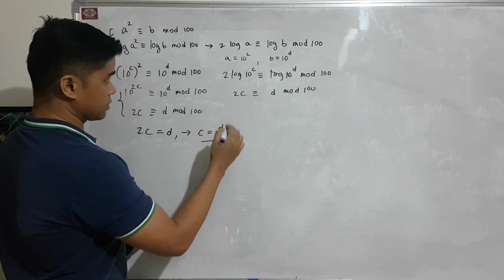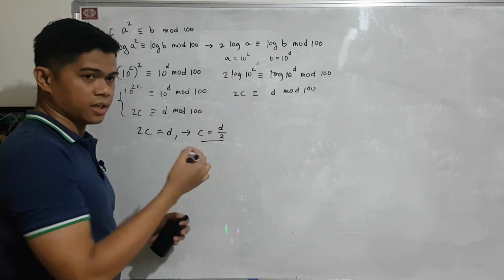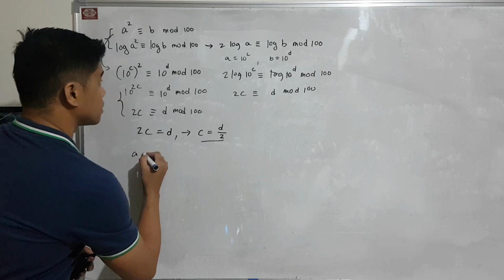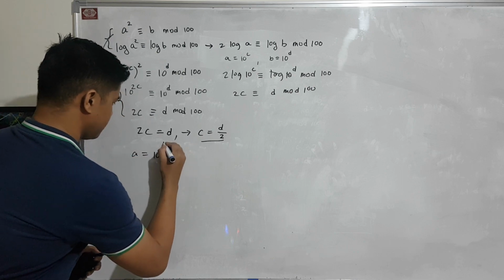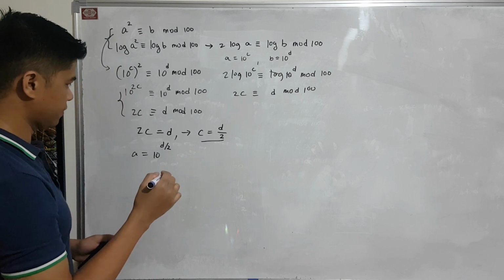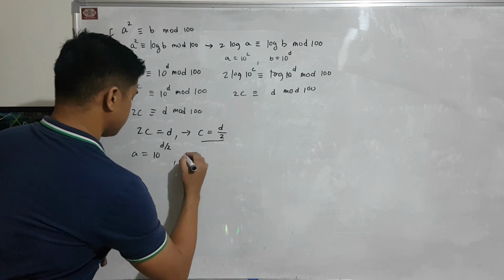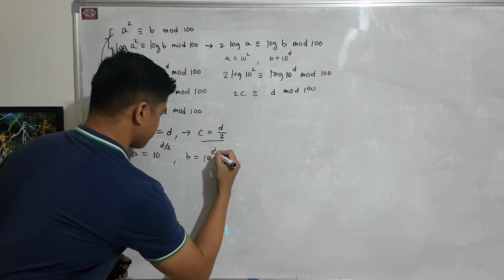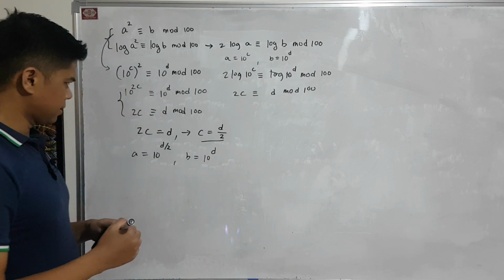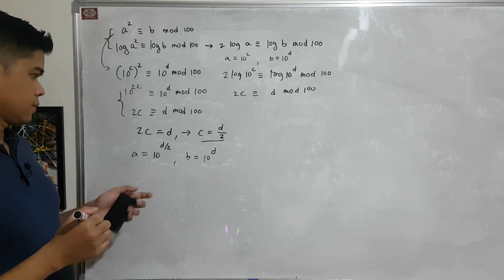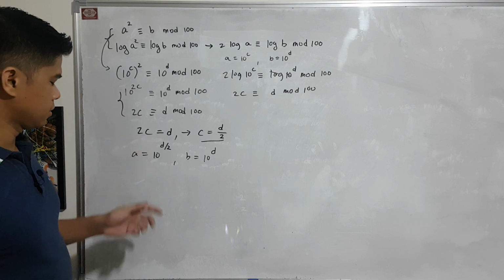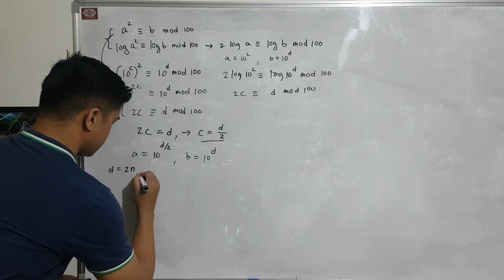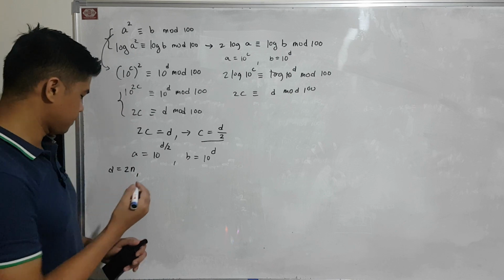Now we can plug this into the values of a and b, because a and b are the values we are looking for, right? So we have a equal to 10 to the c, which is 10 to the d divided by 2, and b equal to 10 to the d. To make it nicer, because d must be divisible by 2, we can let d equal 2n, where n is an integer.